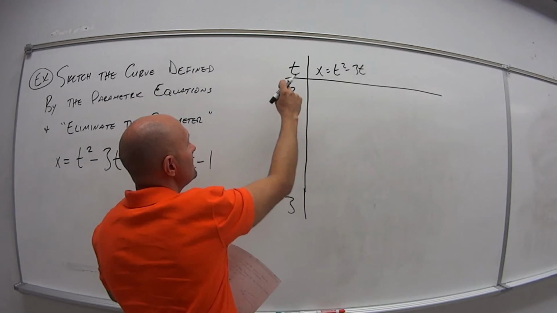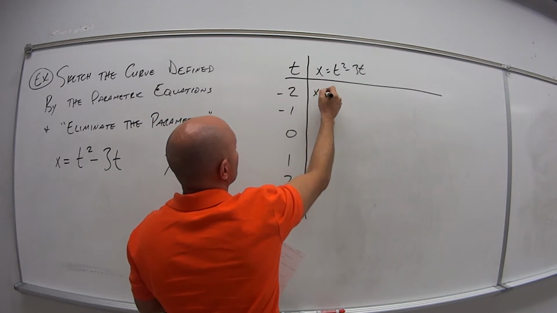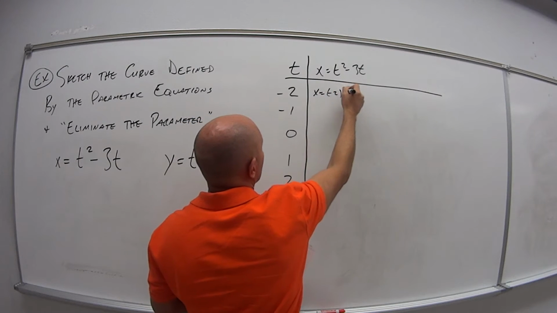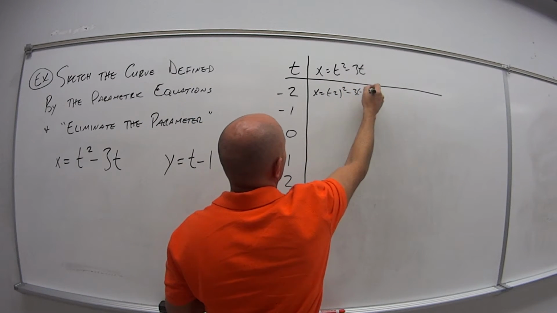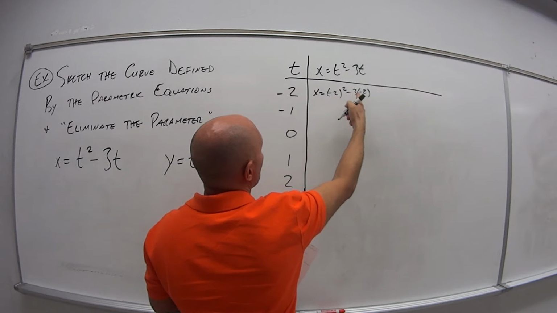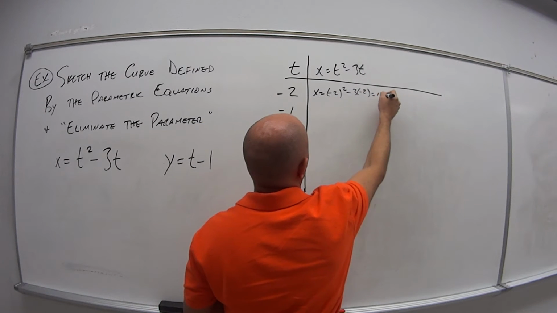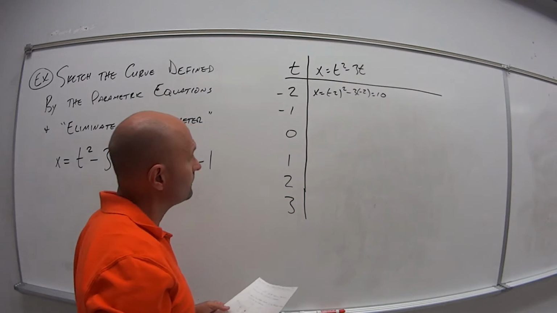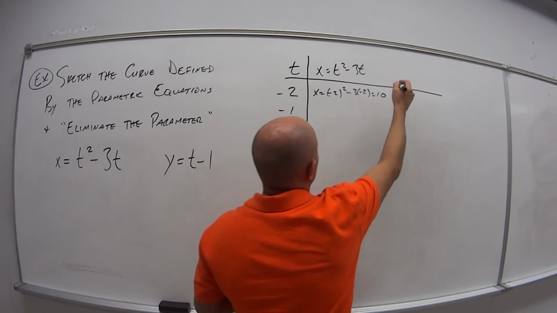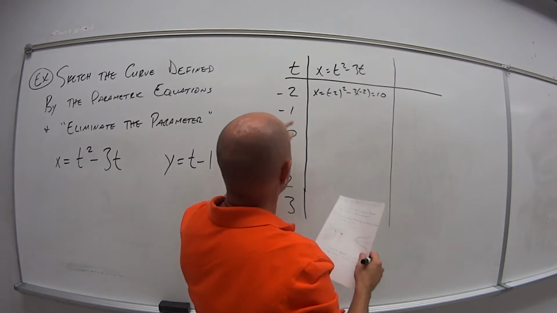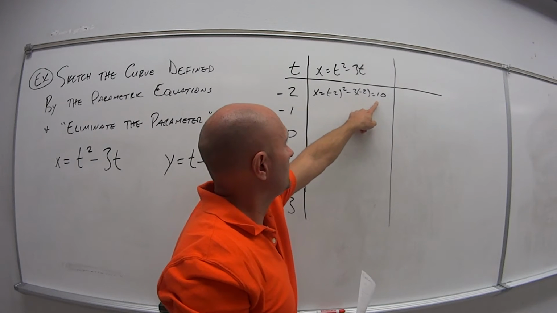So when t is -2, x is -2 squared minus 3 times -2, which is 4 plus 6, which is 10. So when t is -2, x is 10.